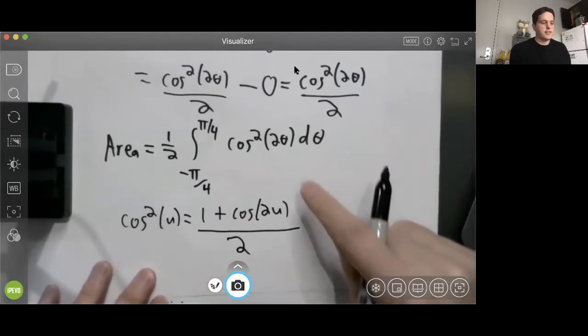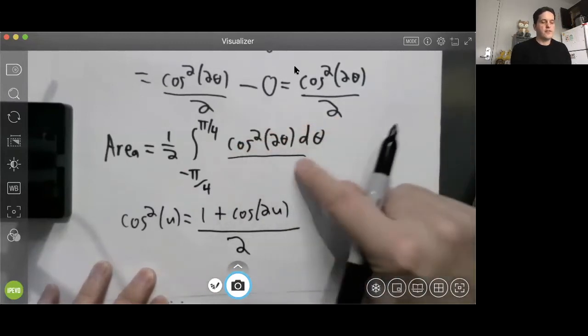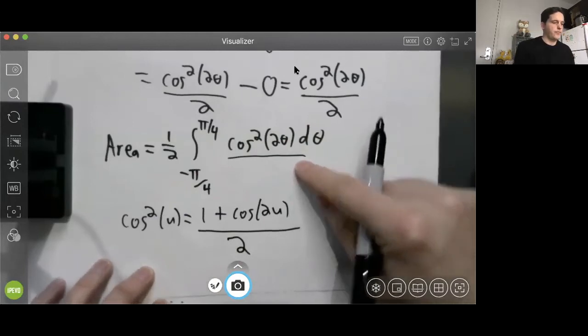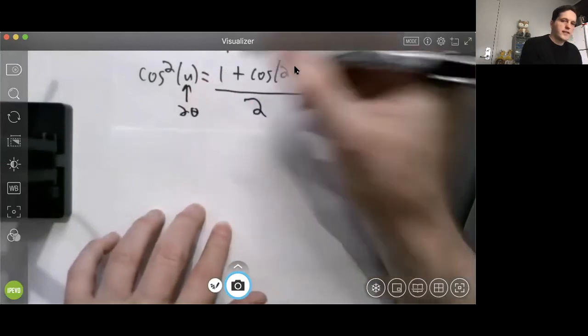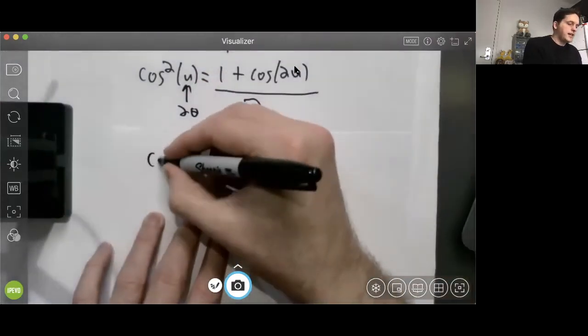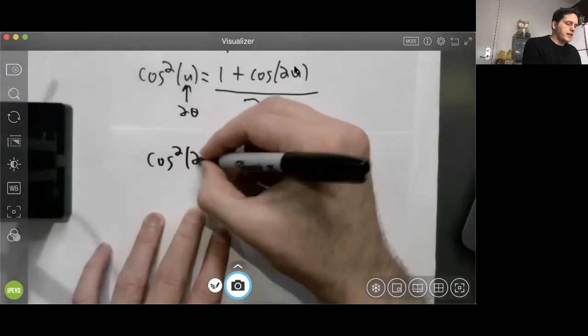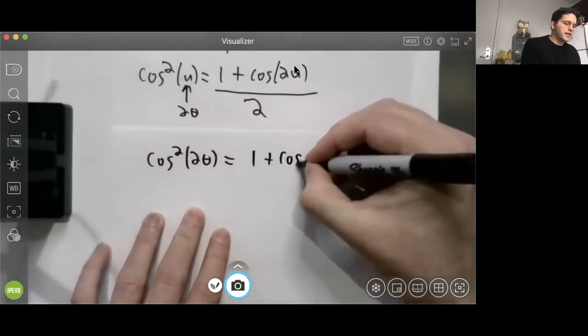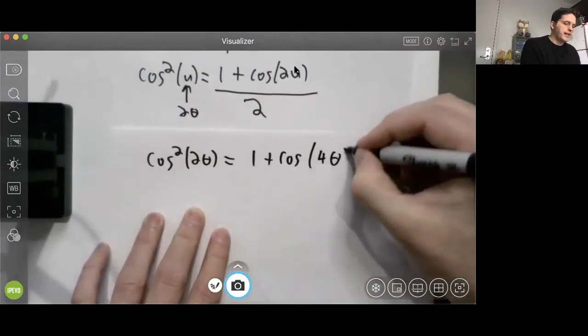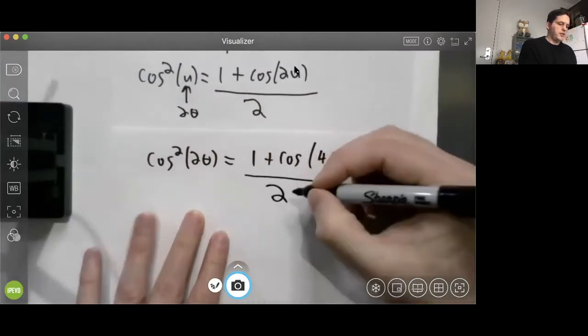And we'll prove this identity later. For now, let's use it. Let's apply it to simplify this term. If we plug in 2 theta for u, then we discover that cosine squared of 2 theta is equal to 1 plus cosine of 4 theta divided by 2.